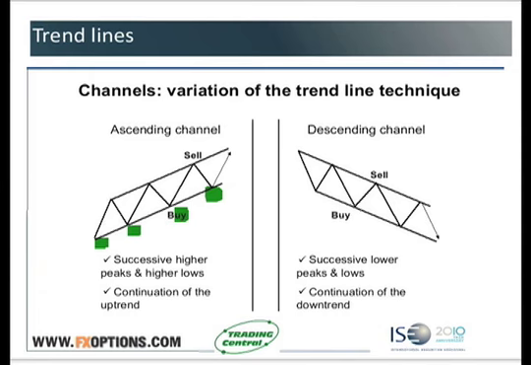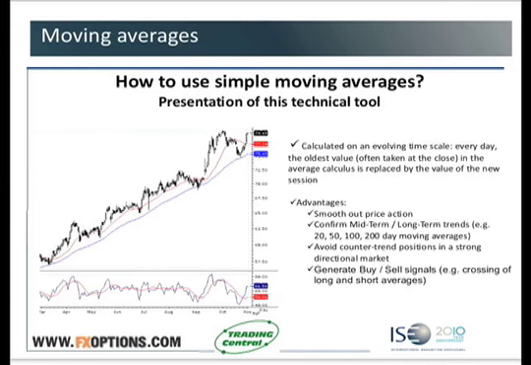So now we are talking about moving averages. The moving average is one of my favorite technical tools because it is the basis for many mechanical, many automatic trend following systems in use today.